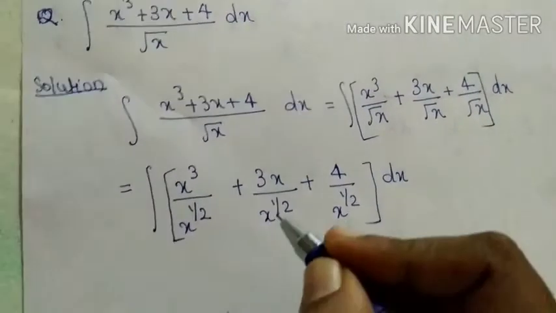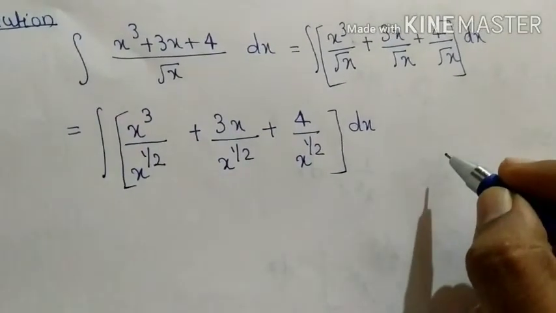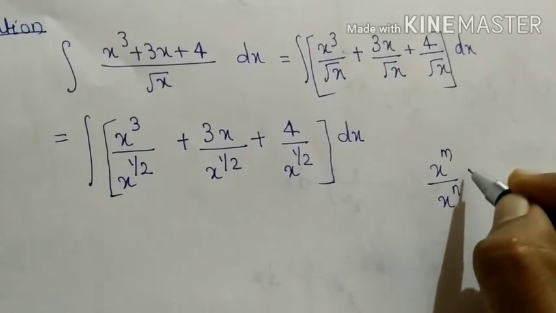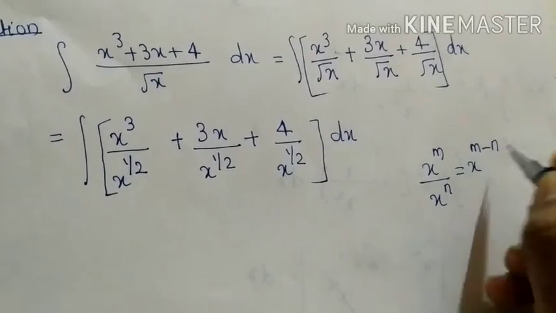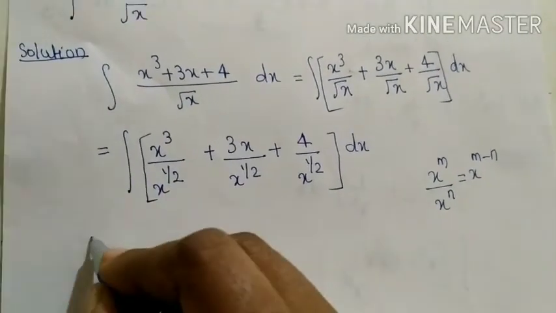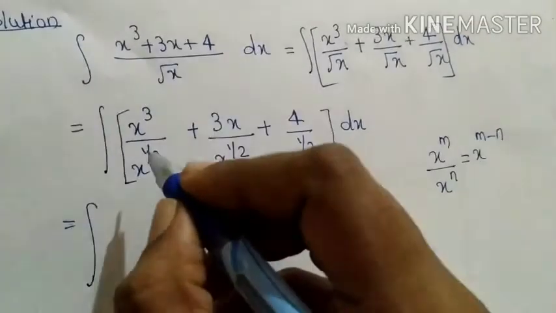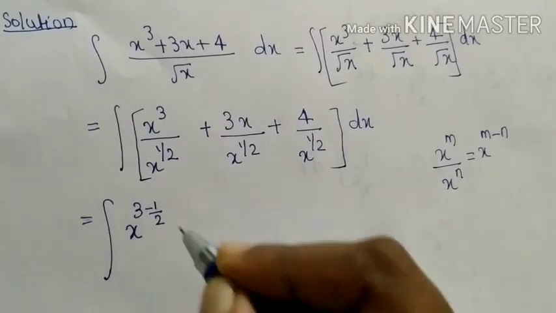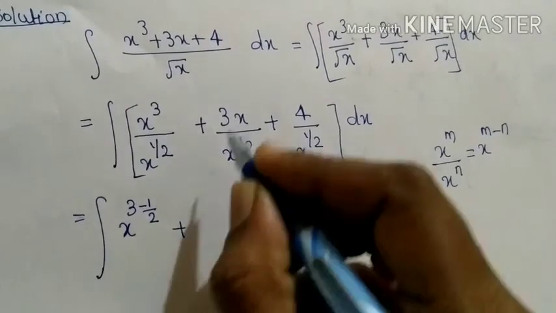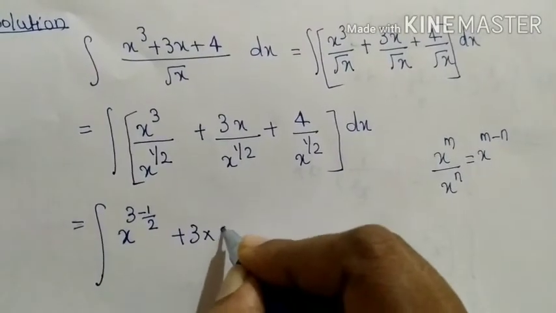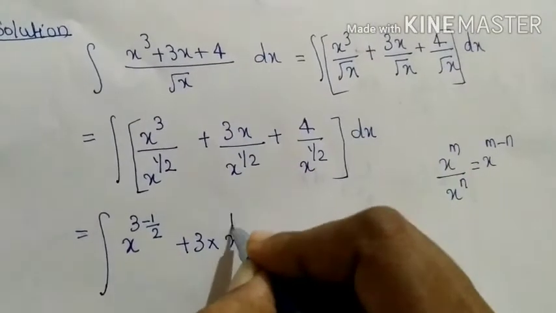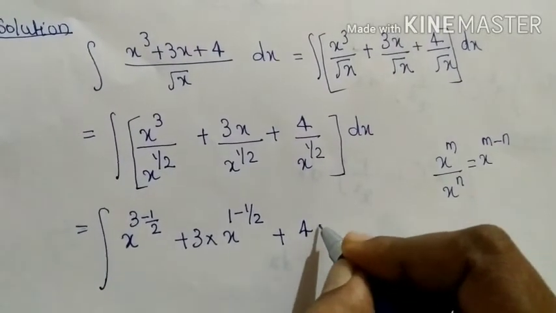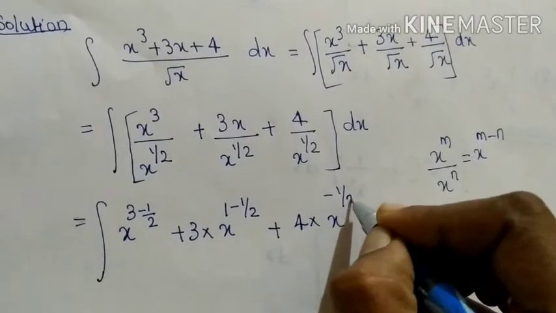Okay, and we know that by using the law of exponents, xᵐ divided by xⁿ is equal to x^(m−n), right? So by using this law of exponents, here we get x^(3 − 1/2) plus, next, 3 is a constant and x^(1 − 1/2), plus in this term 4 is a constant and here we get x^(1/2) in the denominator.